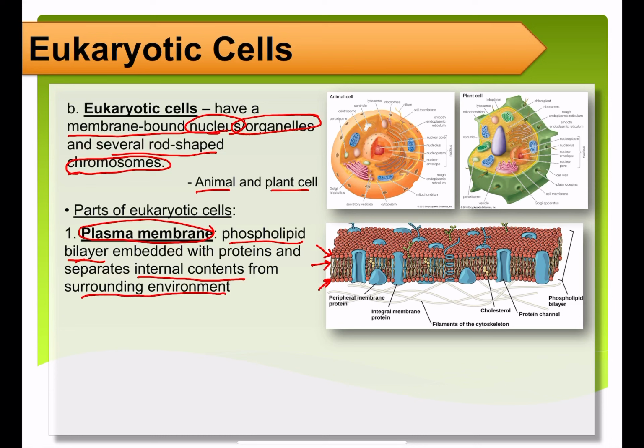It acts like a barrier, because if anything and everything could go in and out of the cell whenever and however it wanted, the cell could not survive, because things important for the cell would leak out, and things we don't want coming into the cell would come in whenever they want. That can sometimes overwhelm the cell, and the cell can burst apart.